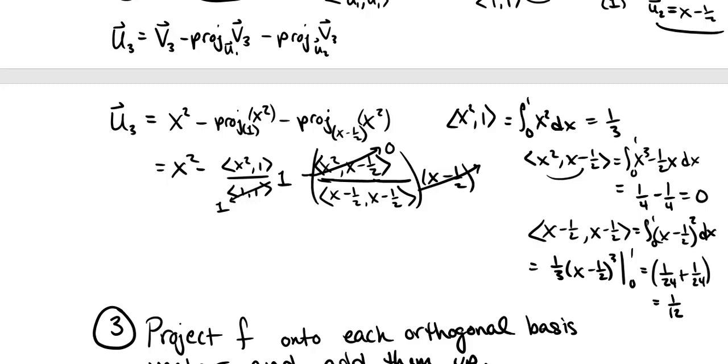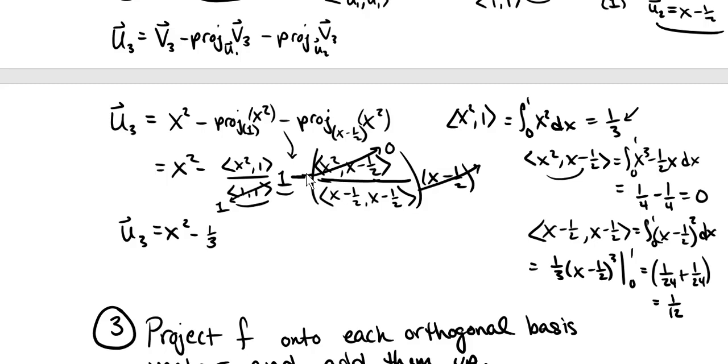Let's go ahead and plug this in here. Remember you had a minus here. Got kind of buried. We've got u3 is x squared minus inner product x squared with 1, that was a third, over 1 times 1, which is just 1/3.